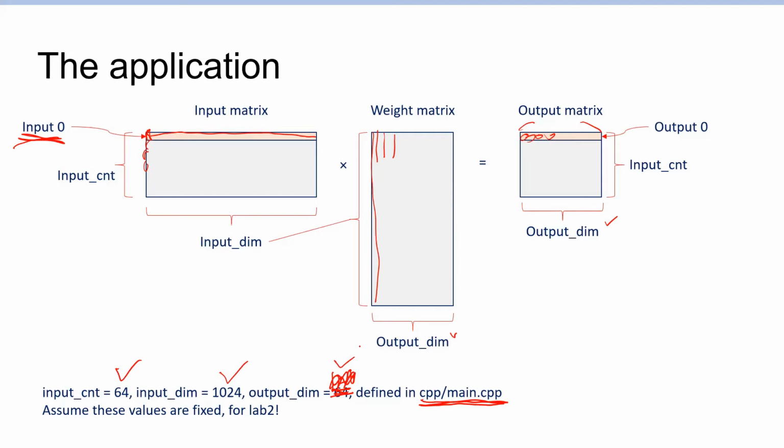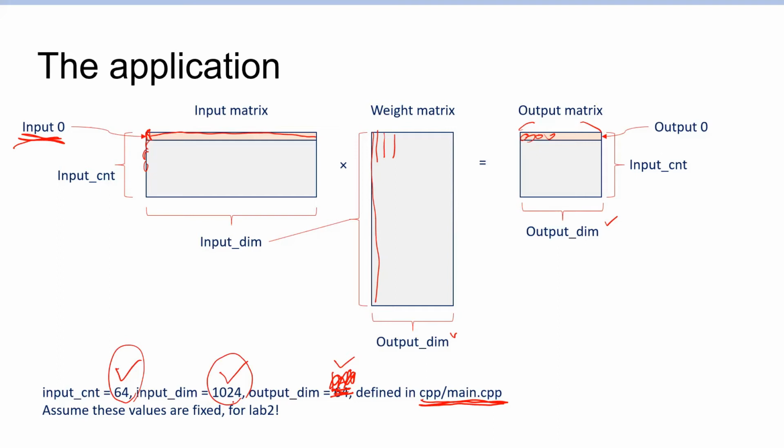In the context of the application, per kernel invocation, so to speak, we are processing batches of 64 input images. Each input image at this point in the neural network evaluation has 1,024 features.